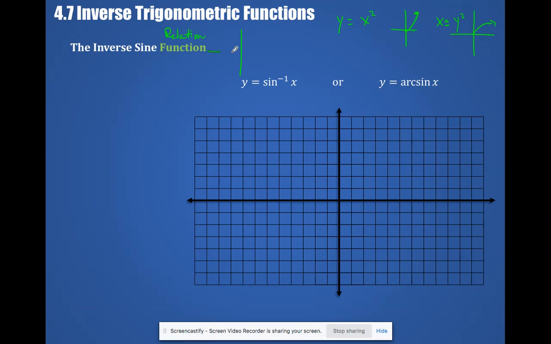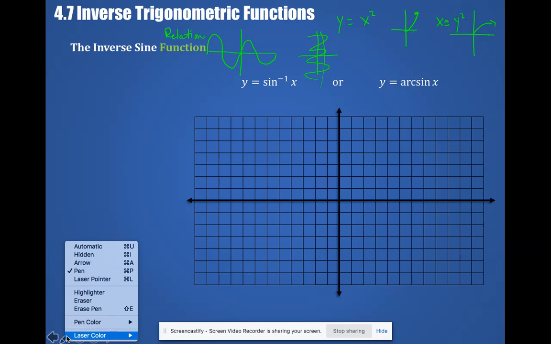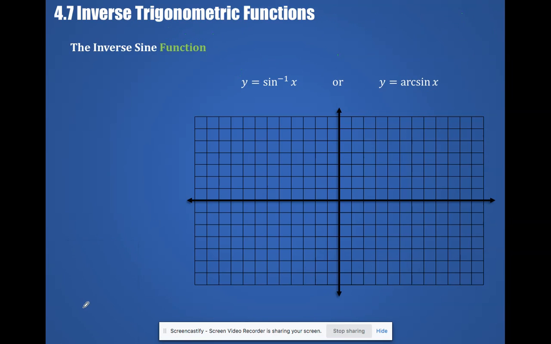Normal sine is not one-to-one. So certainly when you turn inverse sine, switch x and y, you get something that looks like that, certainly not a function. So what happened was somebody, before either of us were born, took normal sine and chose a piece of it that was one-to-one.